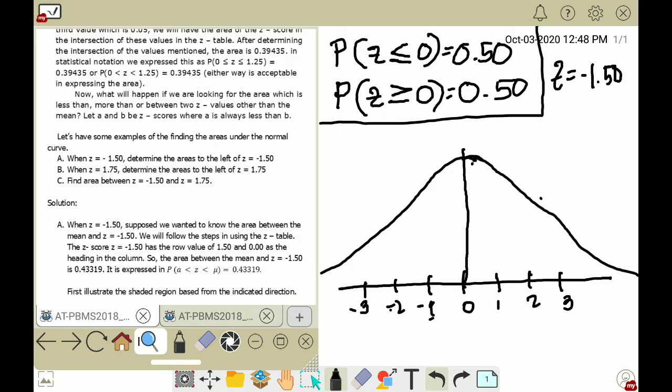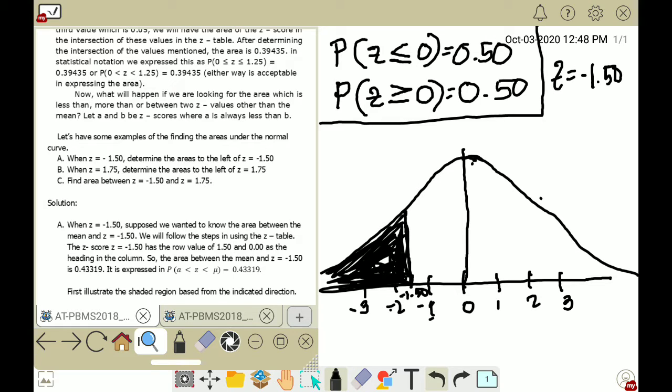Here is your 1.5, this is your negative 1.5 or negative 1.50. Illustrate, and then we need to determine the area to the left. This is the left part of your negative 1.5.